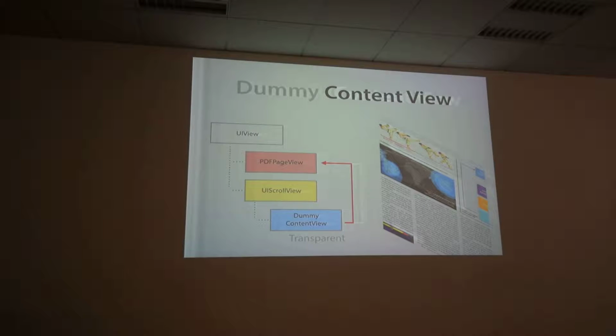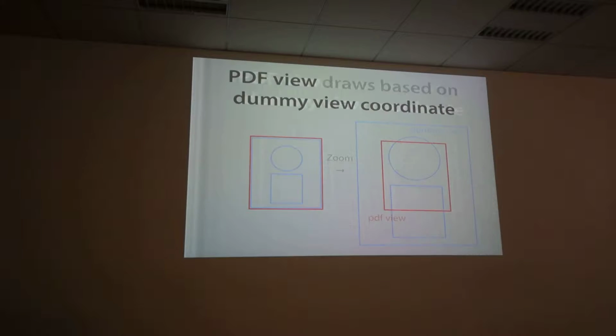Yes, transparent. Then your dummy content view and your actual content view are separate from each other. When you pinch or zoom within the ScrollView, your vector content view is not actually zoomed, but your dummy transparent content view is, just like the video on this screen.